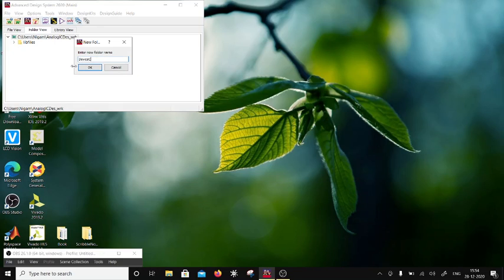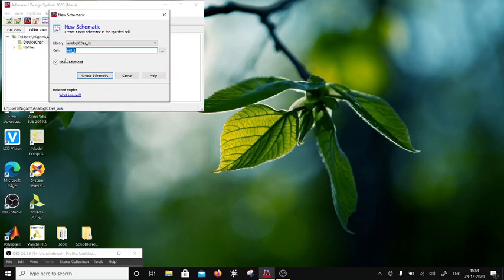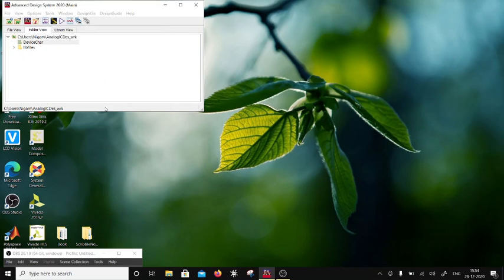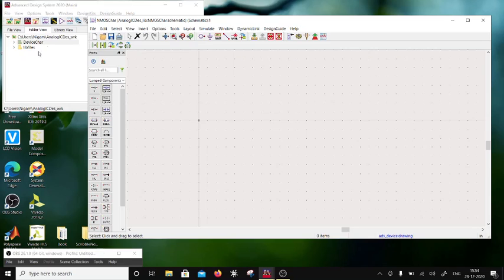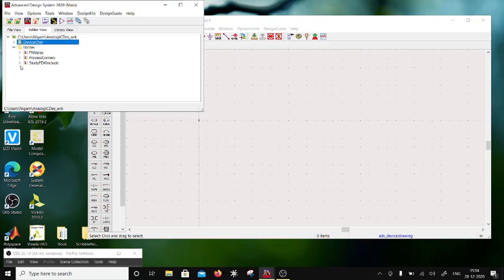Device characteristics, right? And then in that folder I'm going to make a schematic called NMOS characteristics. And to this there is a library attached, so there are certain library files here.